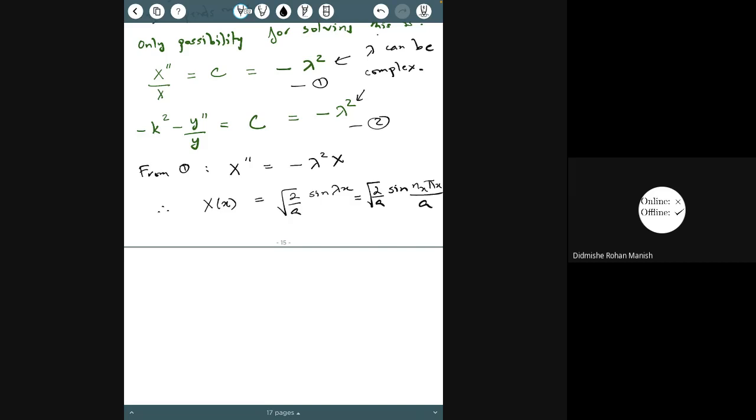Okay, but remember there's something else to think about over here. The boundary conditions that we used to get all these factors here involved only the x variable. So our boundary conditions before, or the ones that have been used here, are X of 0 equal to 0 and X of a equal to 0, right?